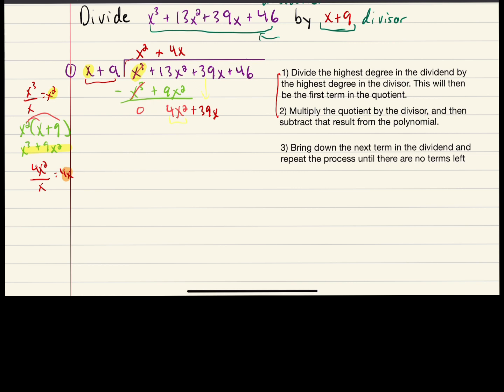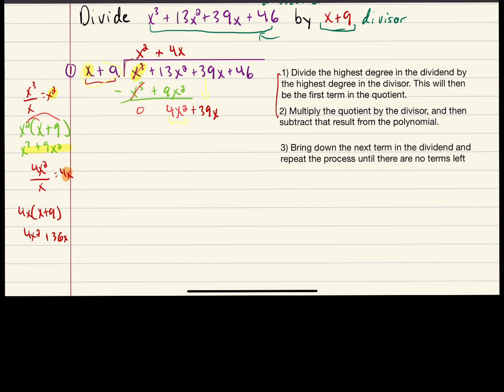And then just like we did previously, we're going to multiply it by the divisor. So we're going to go 4x multiplied by x plus 9. And when we do that, we end up getting 4x squared plus 36x.